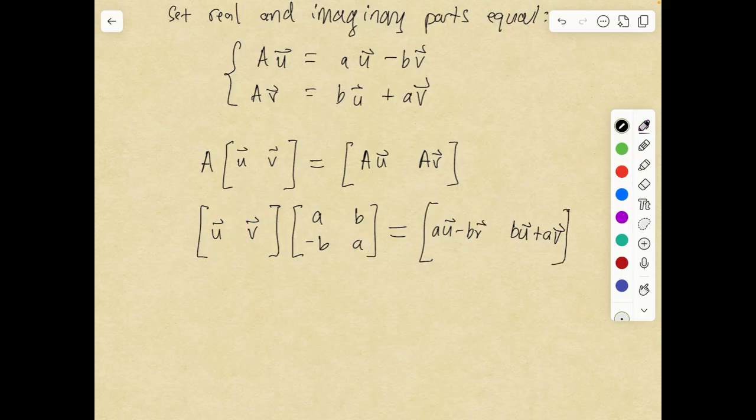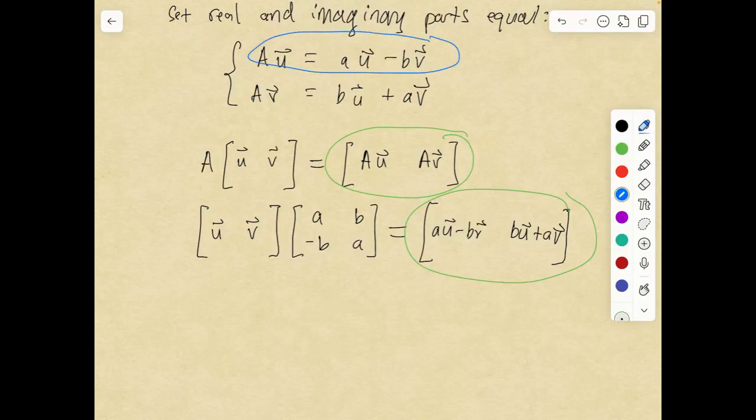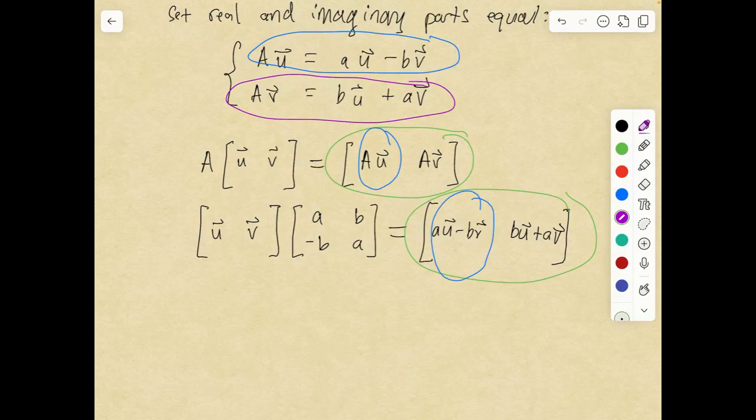Well, what do you notice? These two matrices: AU is equal to AU minus BV. So this column is the same as that column. This second equation tells you that this second column equals the second column.